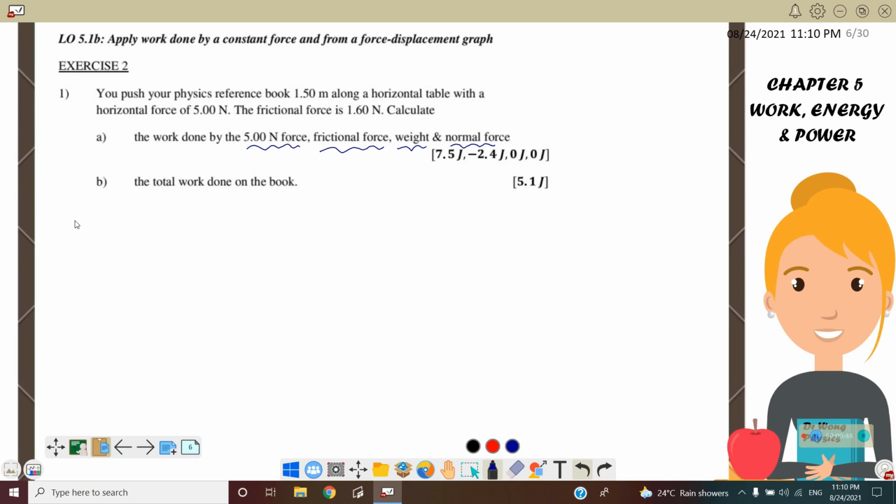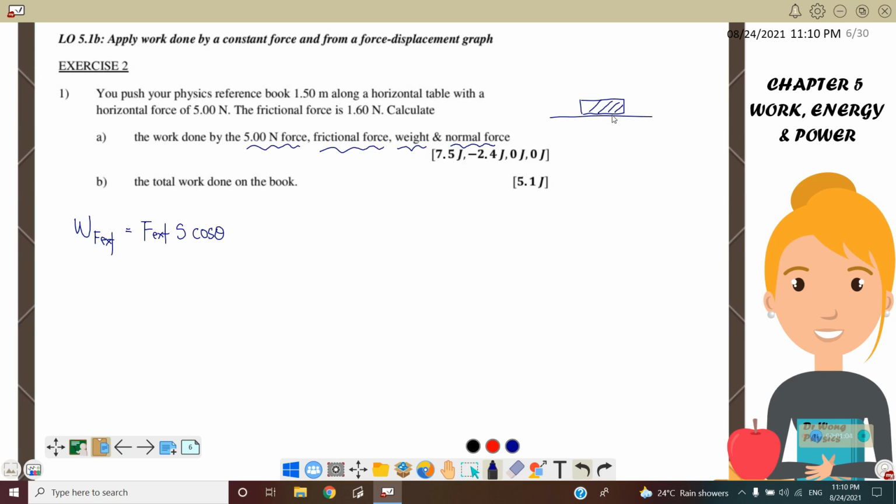Okay, so the first one, the external force. Work done by the external force is F external s cos theta. Before that, you need to draw it out first. For example, let's say this is the table and this is your book.